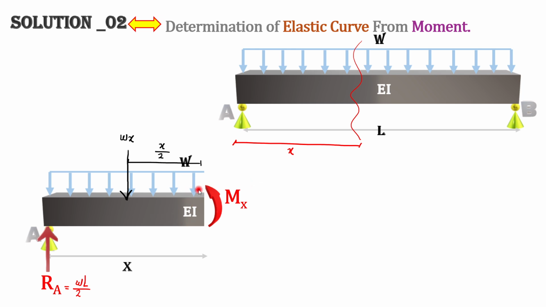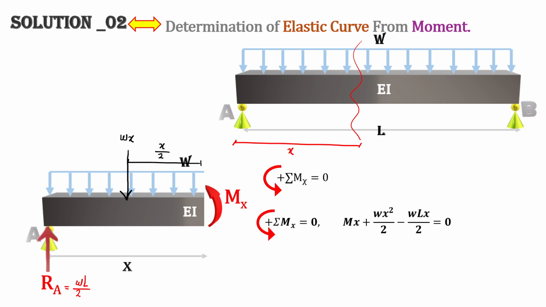When you convert the distributed load to a concentrated load, it turns out to be Wx and applies at x over 2 from the cut. So summation of moments about the cut equals 0: M_x plus Wx squared over 2 minus the reaction times x, counterclockwise, that's negative WLx over 2, and it gives us the moment function.